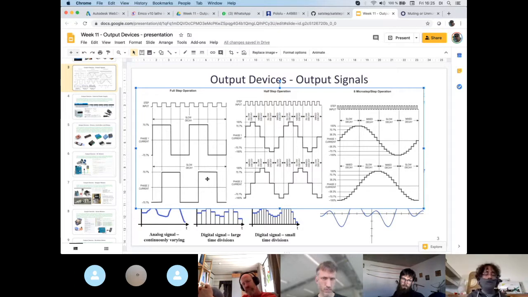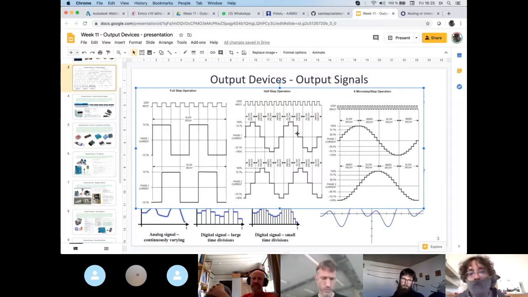Because there is a decay effect. Decay effect means that if you power the coils, they are going to be still powered for a certain amount of time. The current is not going to go immediately out of them. So it's going to be out completely after this time is passed over here of this wave.